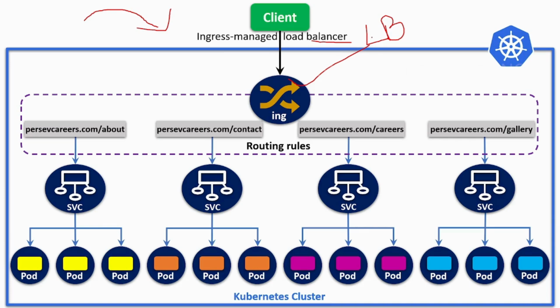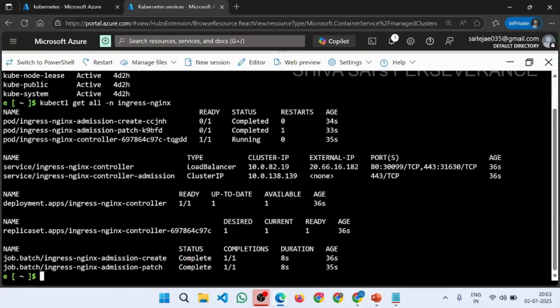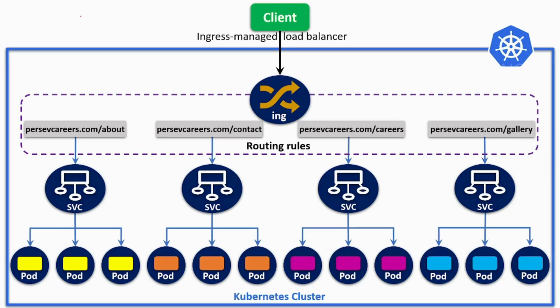So the load balancer will be there, which is deployed on the cloud. So what happens is the moment we deploy ingress controller, if you see here, we got a load balancer of this particular external IP. Okay, so now when the user sends the request, it will be firstly coming into the cluster via ingress managed load balancer, and then it comes to ingress controller.